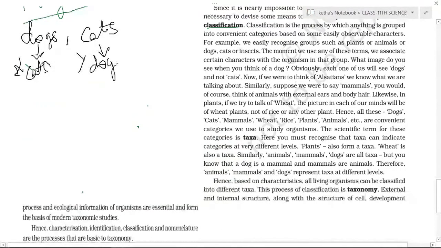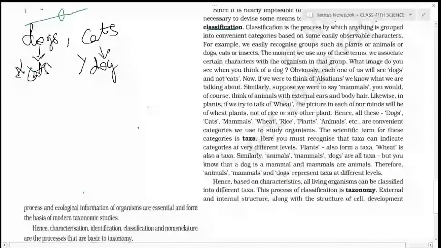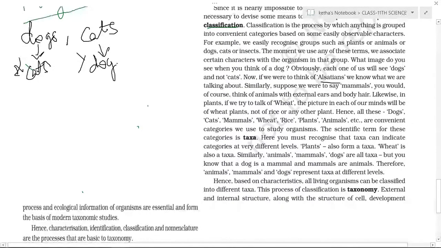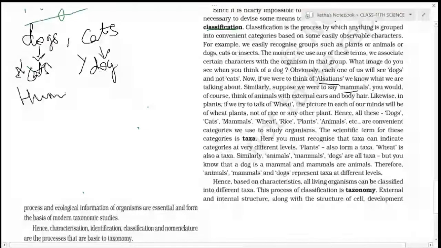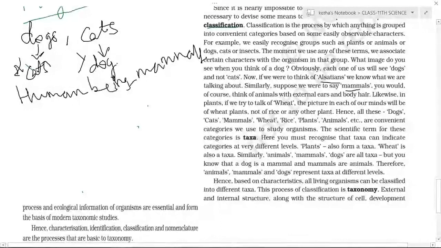Now if we think of Alsatians, we know what we are talking about. Similarly, suppose we were to say mammals. Human beings come under the mammals category. Along with that, certain animals also come under mammals. You would of course think of animals with external ears and body hairs.